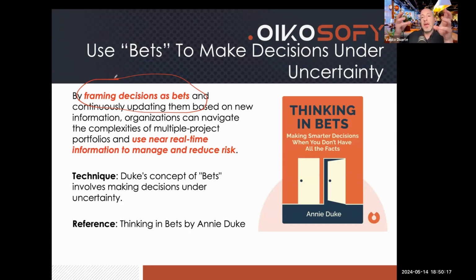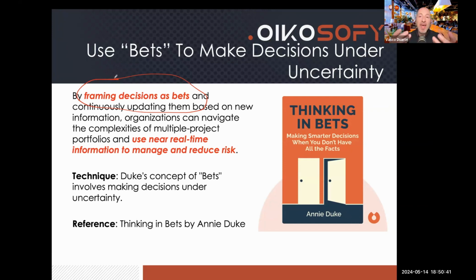Well, what Annie Duke says is, when we think about decisions as bets, we are then ready to update our beliefs and therefore change our expectation of the outcomes, right? And that's what bets allow us to do. They allow us to think about decisions in terms of probabilities of outcomes.